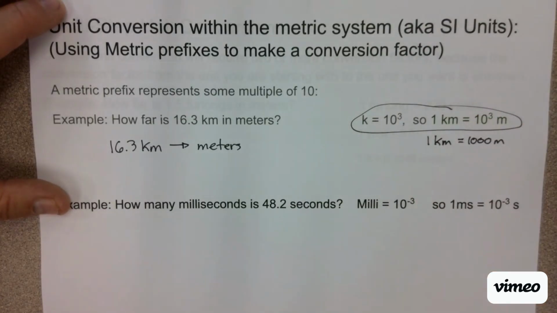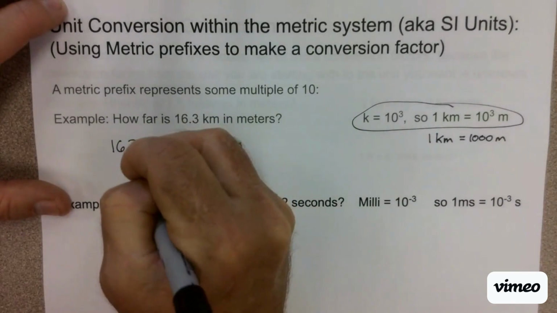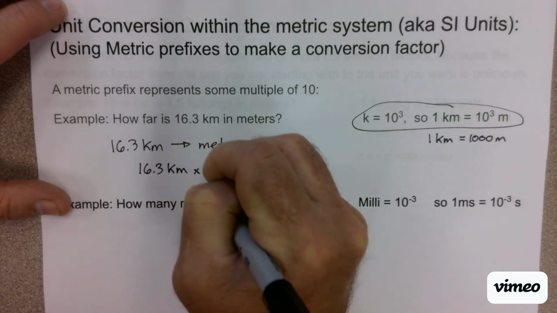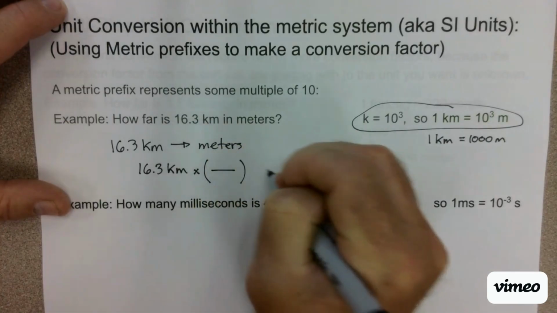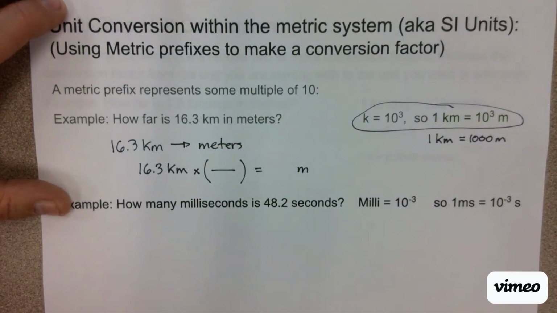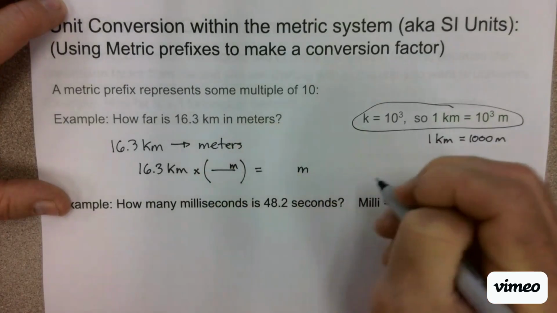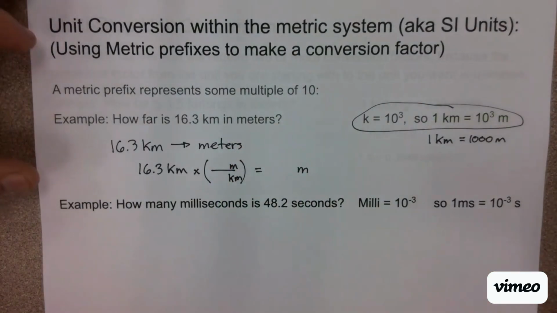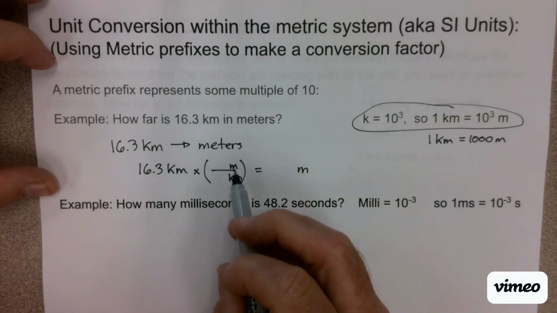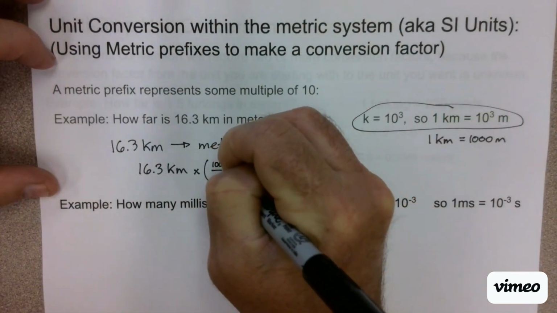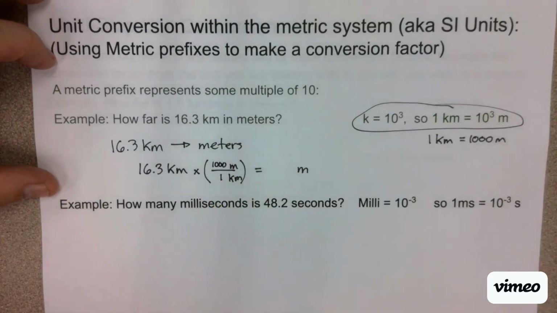That's my conversion factor. If I'm starting off with 16.3 kilometers, I'm going to multiply by a conversion factor that will allow me to have meters as my final answer, which means meters needs to be on the top and kilometers needs to be on the bottom. So I'm going to write my conversion factor in this fraction with 1,000 meters on top and 1 kilometer on the bottom.